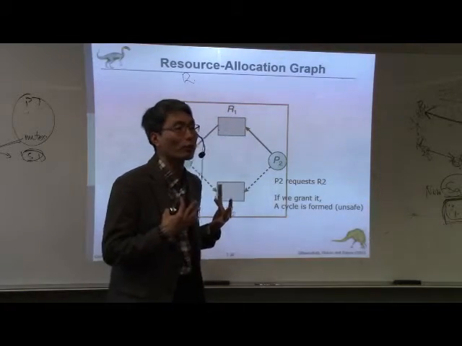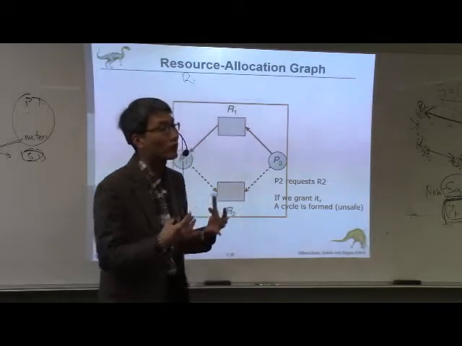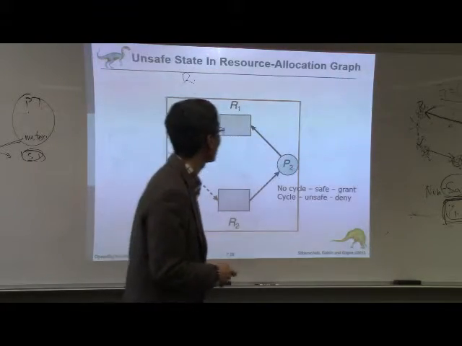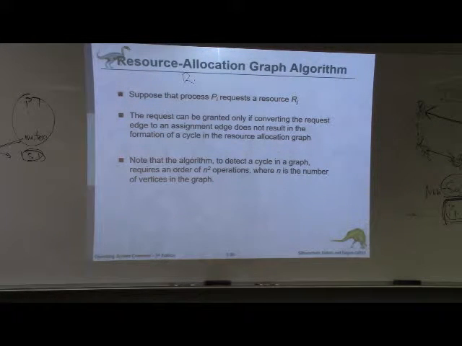Then we are going to decide whether this may cause a deadlock, whether this is a safe state or non-safe state. To do that, we are going to generalize the resource allocation graph by considering a number of processes and a number of resources, and also each resource has a number of instances. Okay.